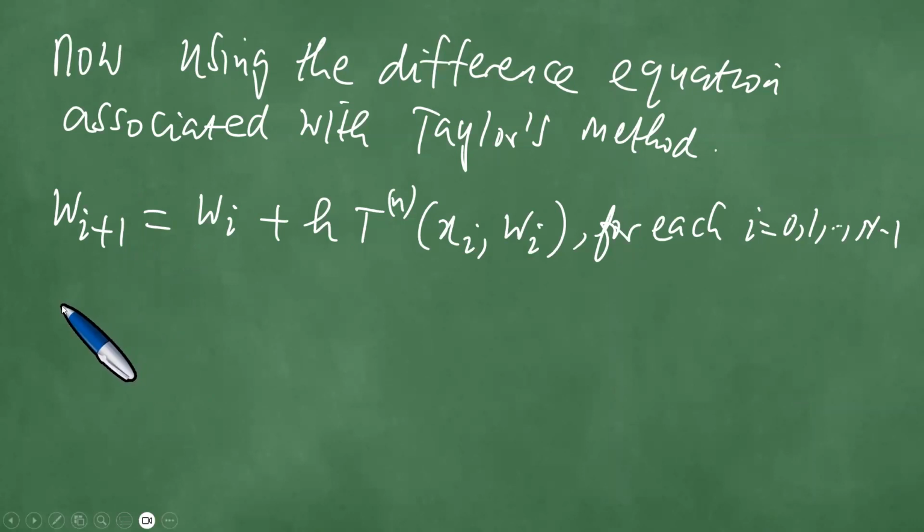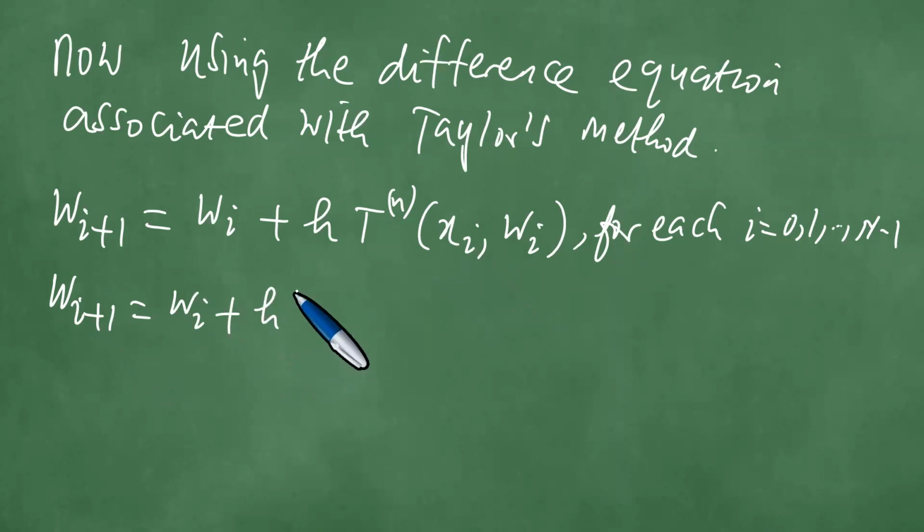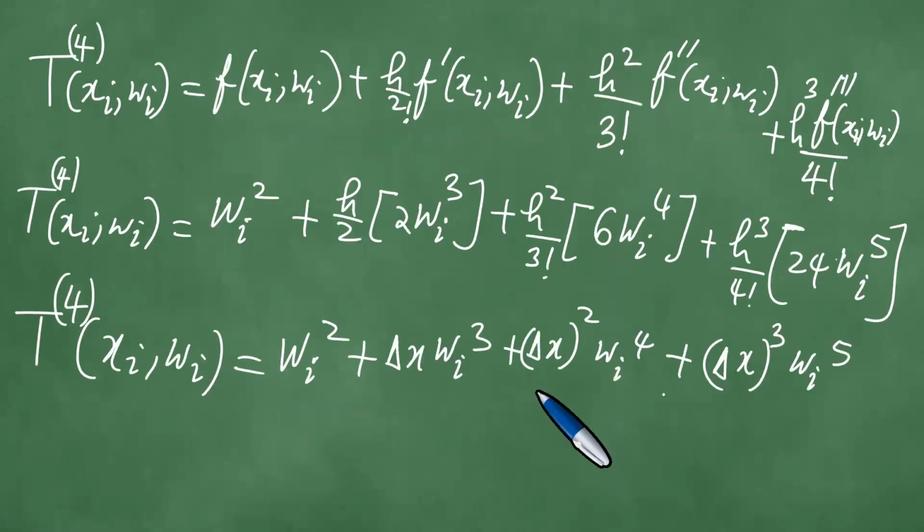Now what are we going to do here? We're going to plug in everything. So Wi plus 1 is Wi plus H. We're going to plug in the long thing, this one.